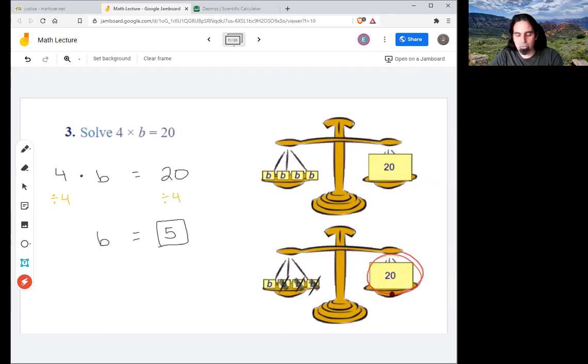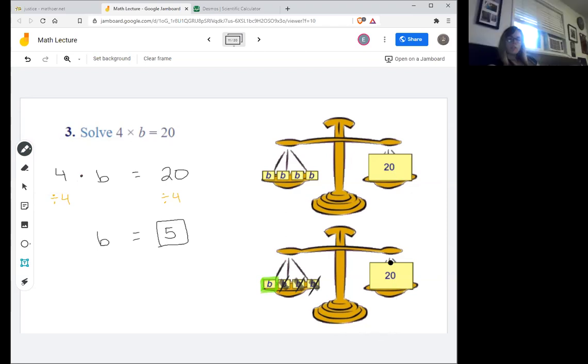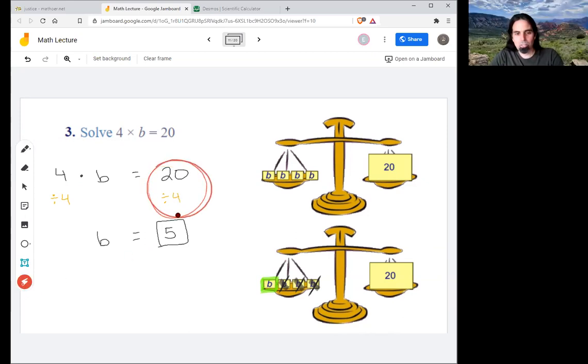How about the other side? How do I do divided by 4 with a 20? How do I pass it out to my 4 friends? You split it up. How could we do 20 divided by 4?